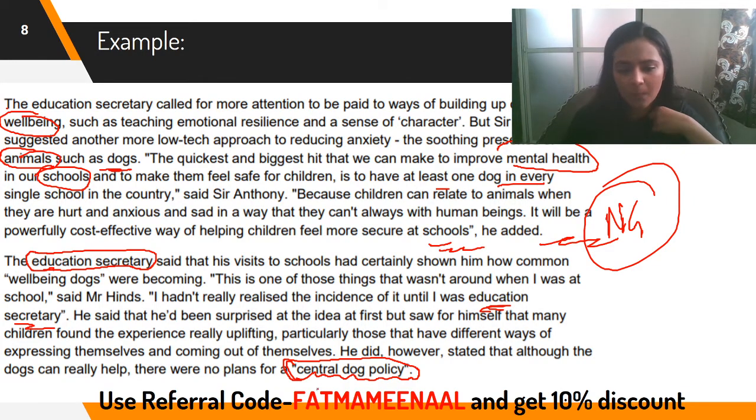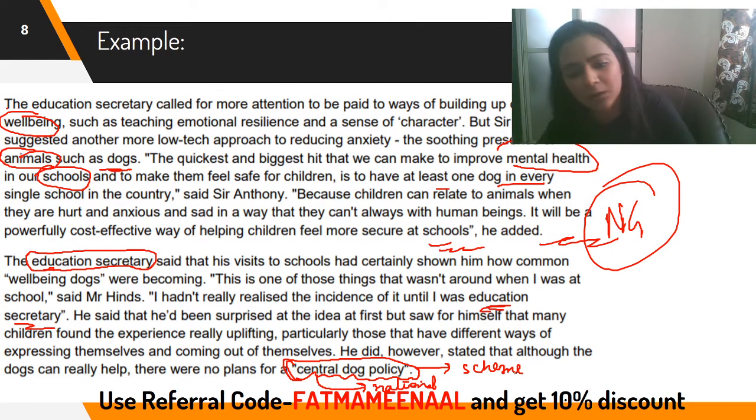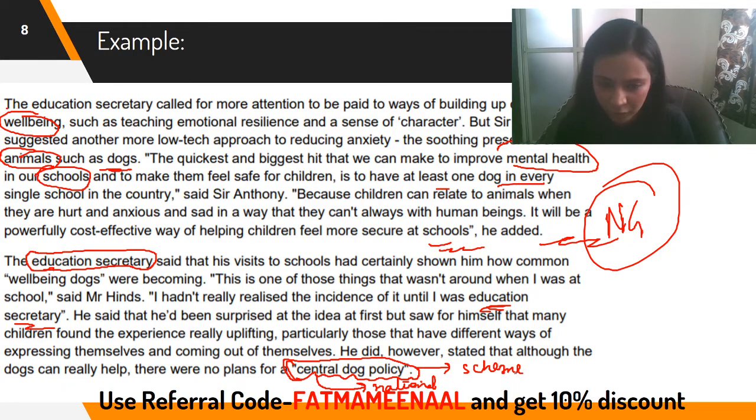It could be somehow related to central, might mean national too, and policy could also be related to scheme too. They can be possible synonyms, isn't it? Policy, exactly. So policy could be a synonym for scheme, and your central could be a synonym for national. So you've got a couple of words, and actually they're talking about dogs too.